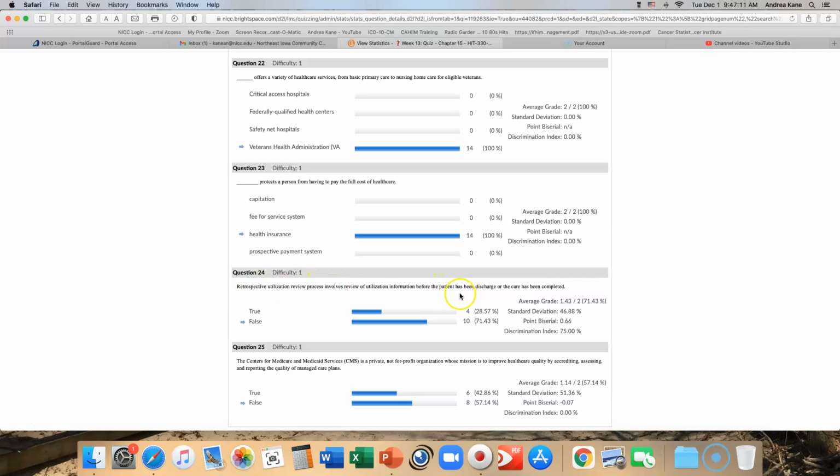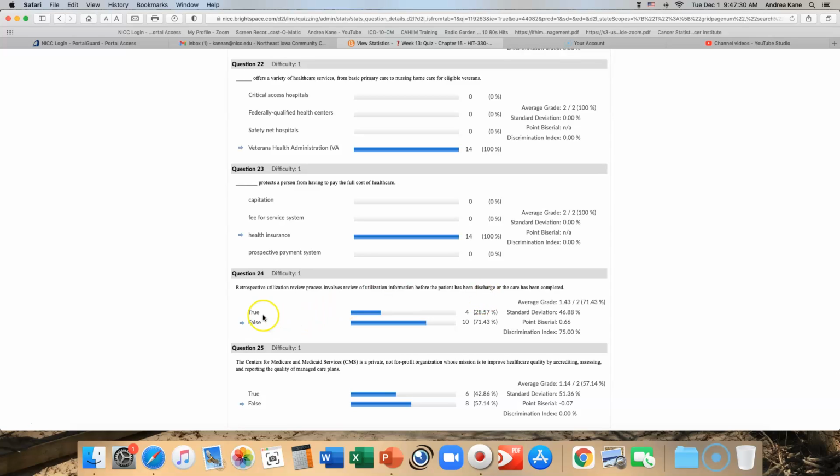So that's why this is false, that wording. And I do believe this was covered in your book. Yes, retrospective review includes review and analysis of actual utilization data after the patient has been discharged. After. That's on page 490. So that's why that one is false.